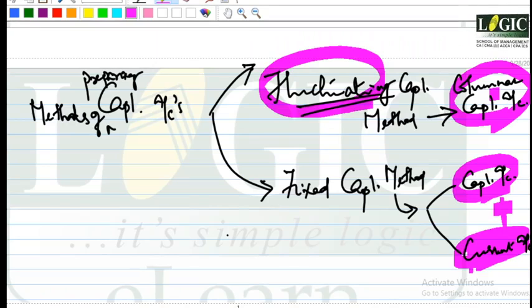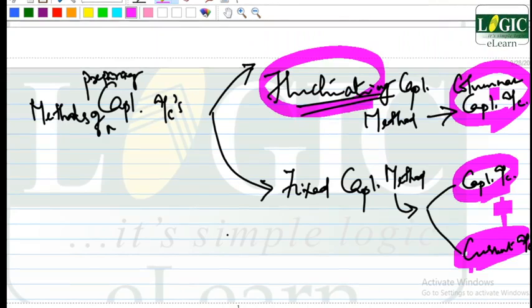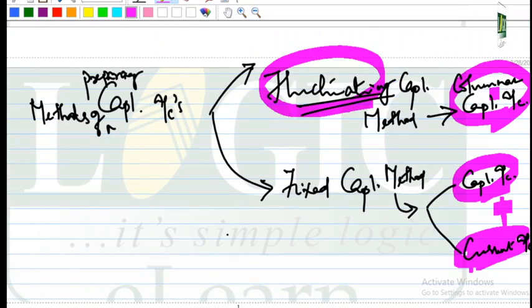I repeat once more, when you start learning the numerical part of basics of partnership, the first thing you will have to learn is about methods of preparing capital account. There are two methods: fluctuating capital method or fixed capital method.